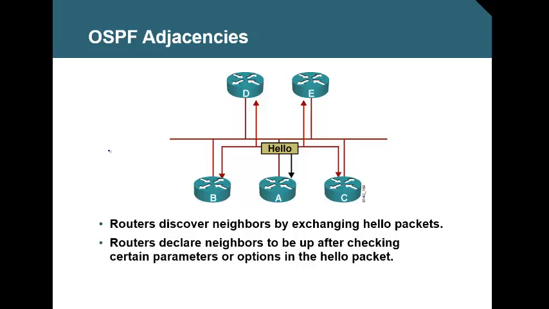For OSPF it is 10 seconds. OSPF hellos are sent every 10 seconds, and if a neighbor is not sending hello for 40 seconds, the neighbor is considered dead. 10 and 40. This is OSPF hello timers.